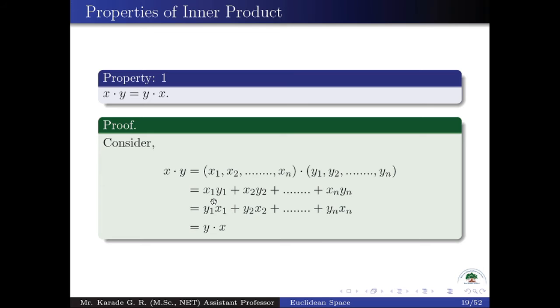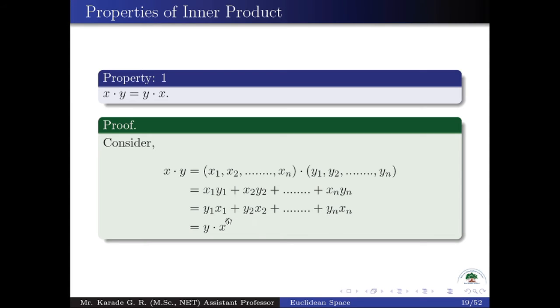But here the xi's and yi's are real numbers, therefore xi yi is the same as yi xi because the product in real numbers is commutative. Therefore instead of x1 y1 we can write y1 x1, instead of x2 y2 it is the same as y2 x2, plus dot dot dot, and xn yn is the same as yn xn.